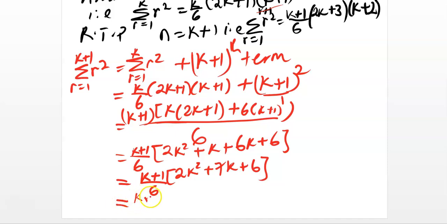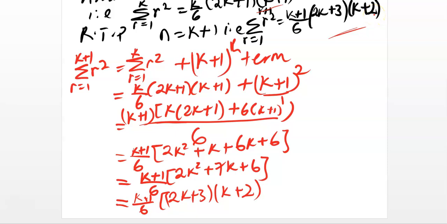When we factorize that quadratic expression, it gives us 2k plus 3 times k plus 2, which when you look at it, is what we were proving. We wanted to arrive that it is true for n is equal to k plus 1. We wanted to arrive here, and which gives us the required proof.